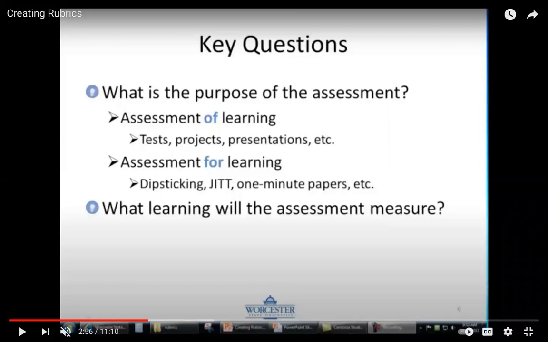Yes, Prof. Thank you. Eduardo. Yeah. Thank you very much. So what do you remember when the speaker mentions assessment of learning and then assessment for learning? What do you remember?